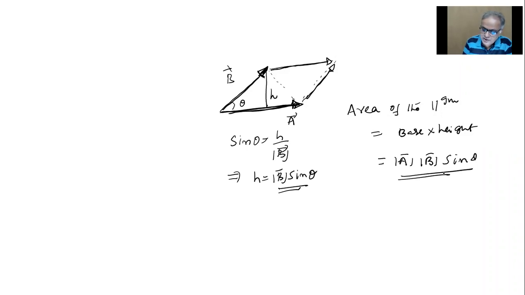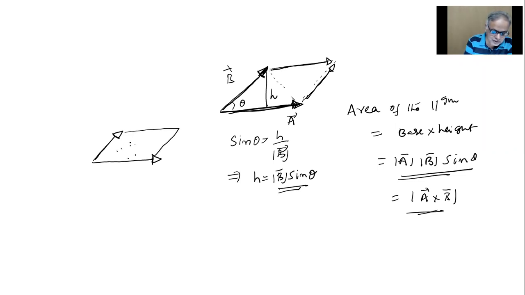And you know, this is the magnitude of the cross product, isn't it? Now you need to know, when I have 2 vectors like this, I'll put the same thing like this.